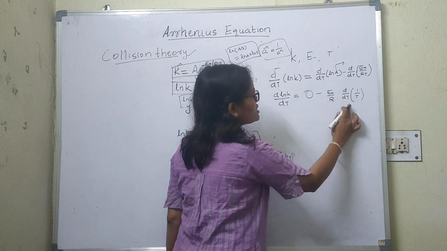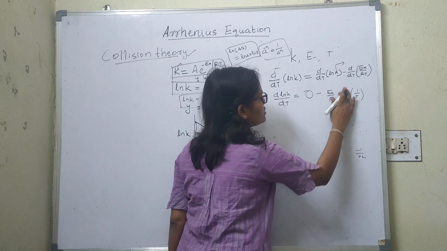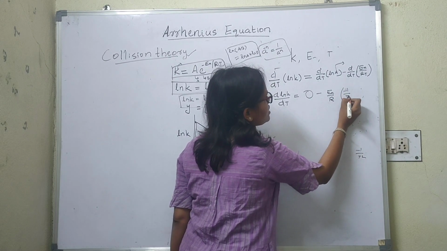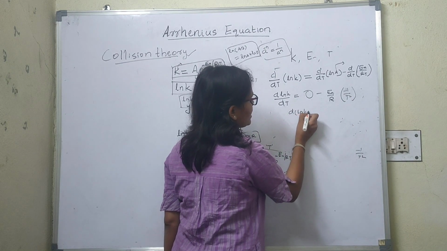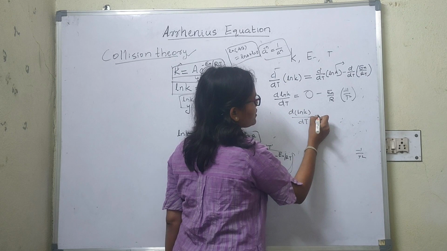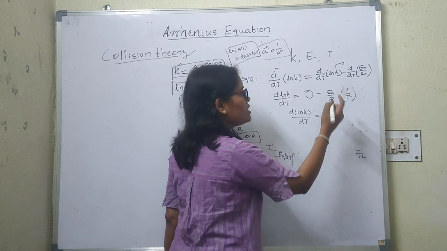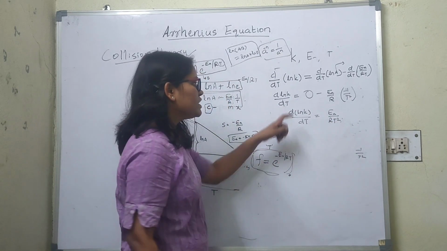So I can replace this d by dT as, what did we get? Minus 1 by T square, right? So d ln K over dT is minus into minus becomes plus EA by RT square. Now I integrate this equation.